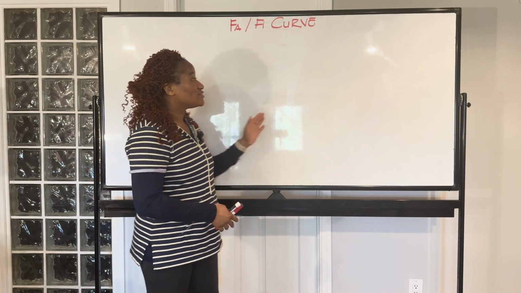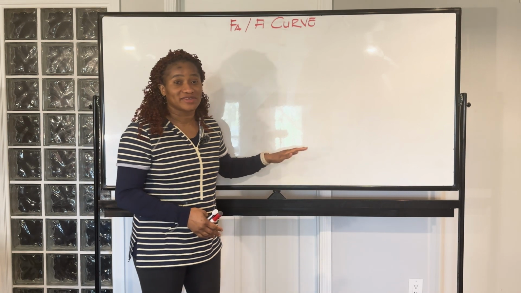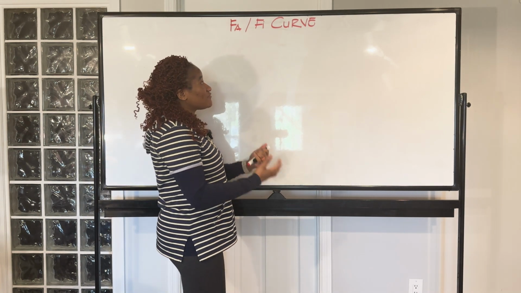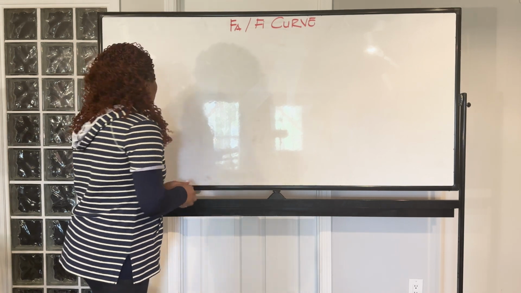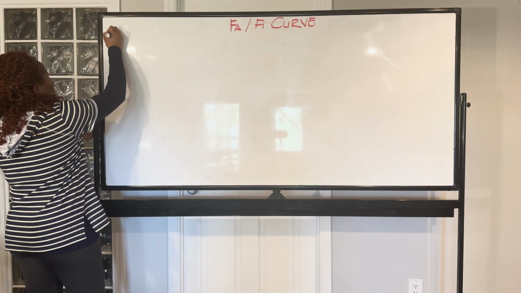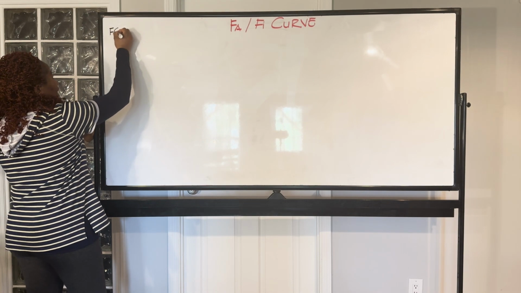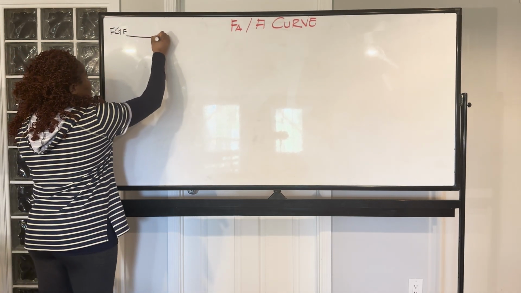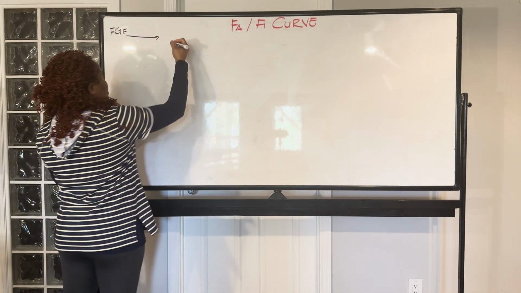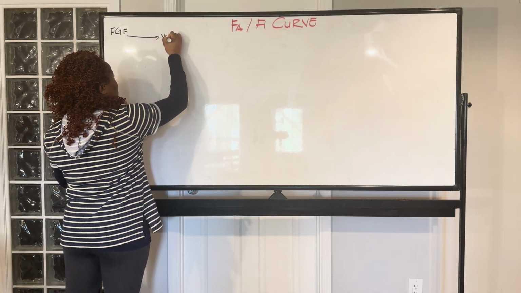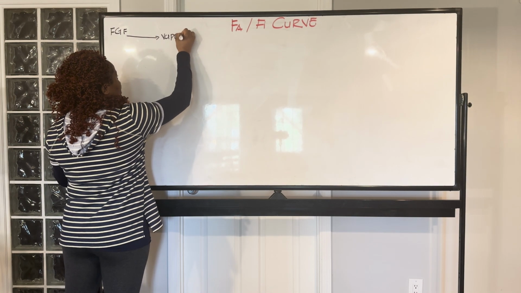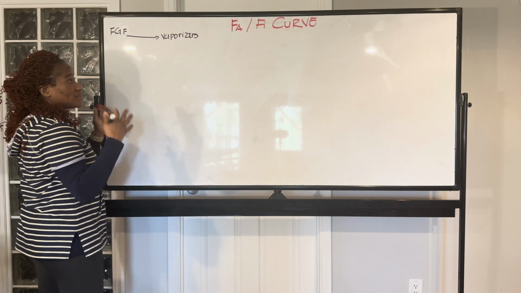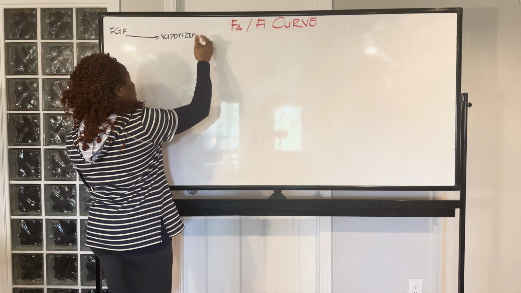So before we even jump into the curve, I would like to establish some little things that we need to understand. When we give gases to our patient, let's say we are giving fresh gas flow here, the gases are going to go through the vaporizer, where they're going to be mixed with inhaled anesthetic agent.